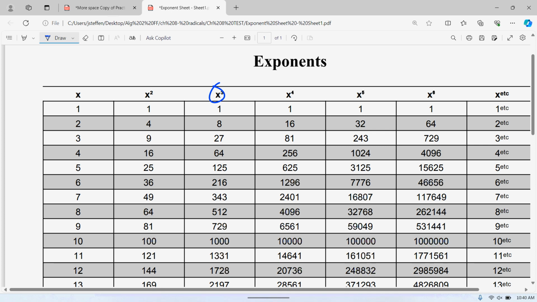108 is right in here, and so I'm going to find which one of those is a factor of 108. Divided by 4 doesn't work. Divided by 27, okay, 27. It's 4.